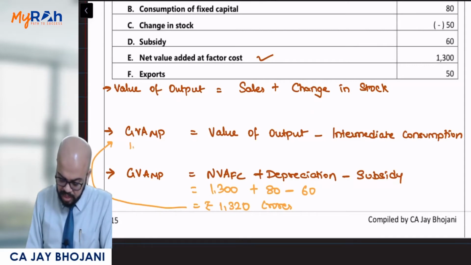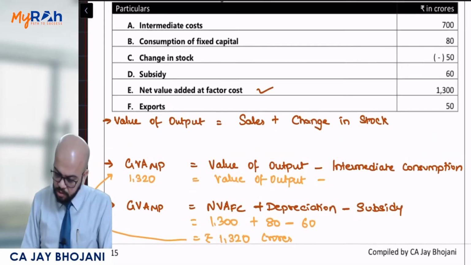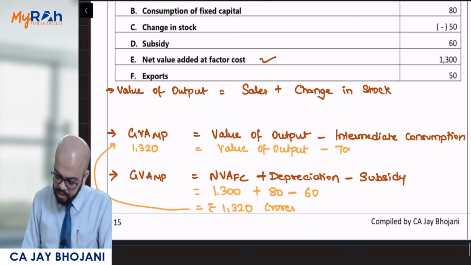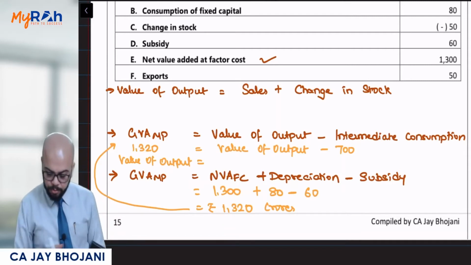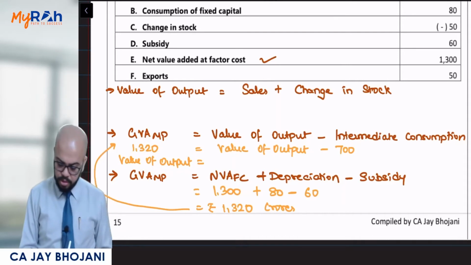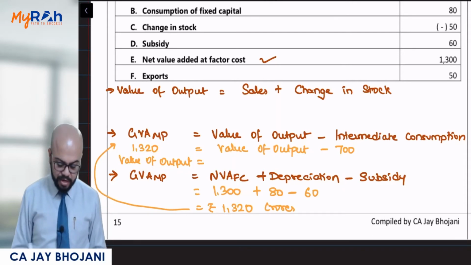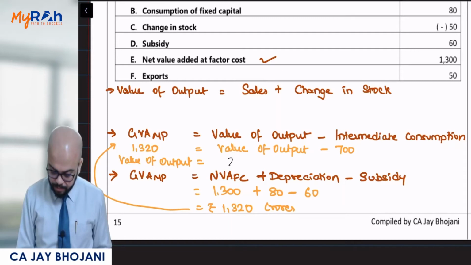So I'll keep 1320 here. Value of output is something which I'm trying to find, and intermediate costs are given to me as 700. So this will now be value of output. Value of output is equal to 1320 plus 700, that is 2020.